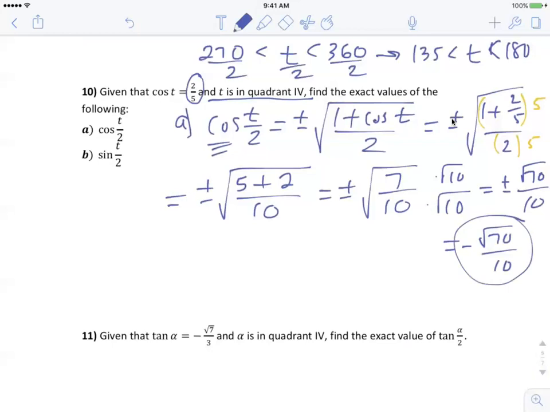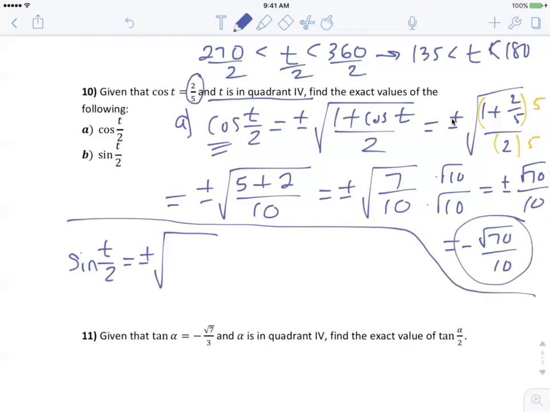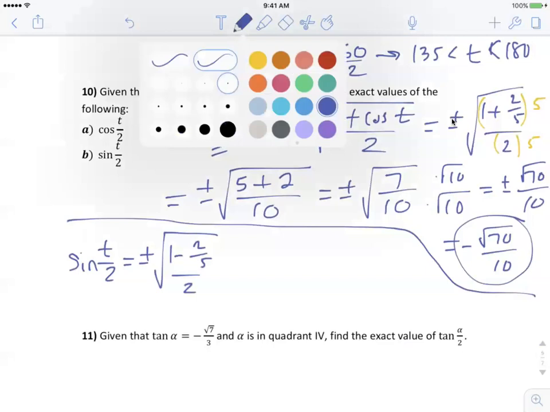Okay. How about sine of t over 2? It's similar. I'm just going to have 1 minus cosine t, which I know is 2/5, all over 2. And then do your times by 5.